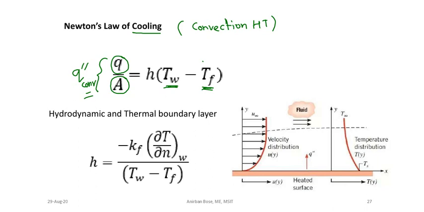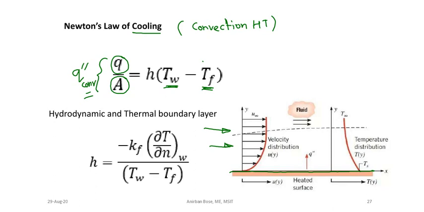Okay, so now see this particular example and try to understand these different terms. Here there is a plate, the heated plate, and just over this heated plate let us consider some air or some fluid is flowing.